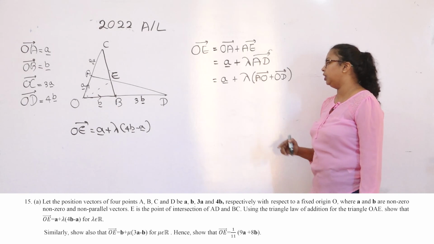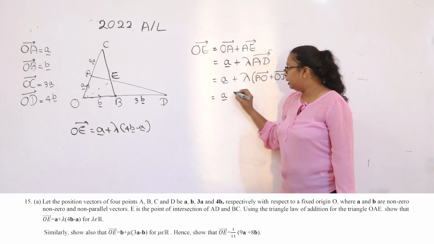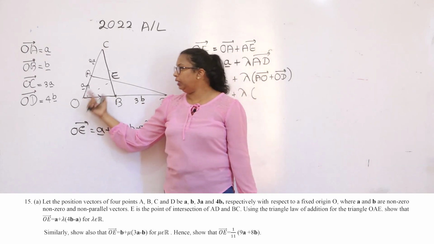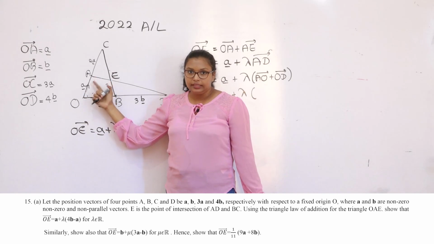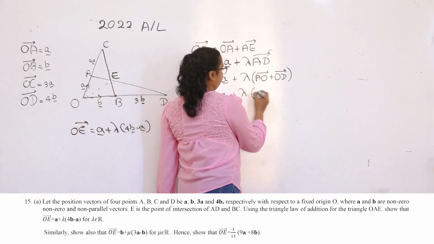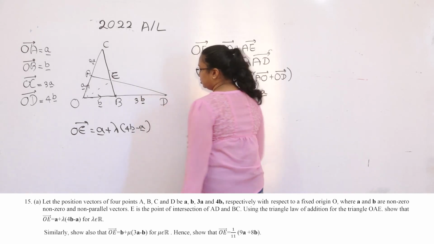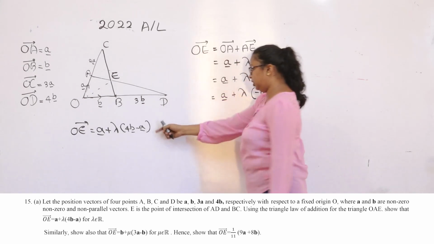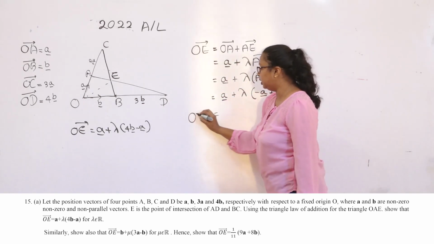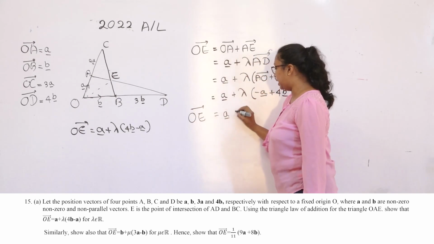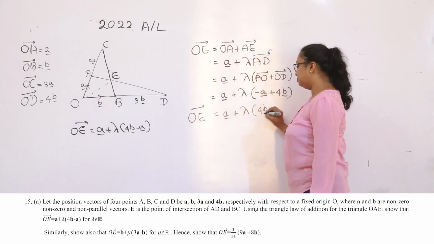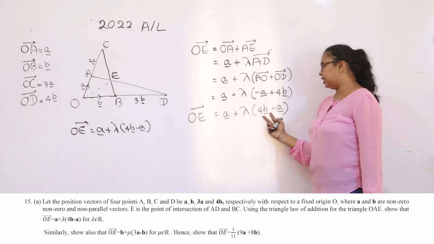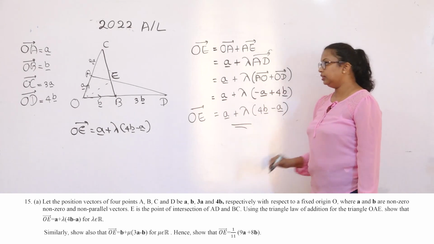Let's write A plus lambda AO. OA means A, then AO should be minus A. What is OD? We all know that it is 4B. So we are getting the answer we need. OE is equal to A plus lambda 4B minus A. That is the answer of the first part.